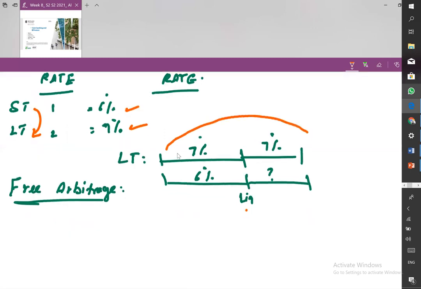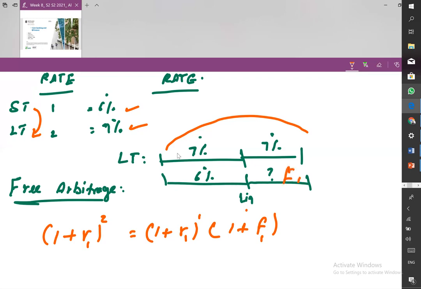And therefore, the spot of long term, which is 1 plus R2 for 2 years, equals 1 plus R1 for the first year, times 1 plus the forward rate for the forward year 1, which is this one.